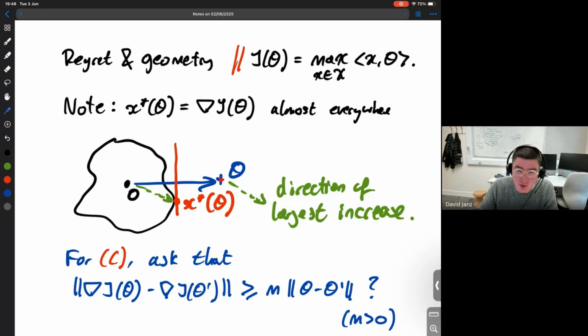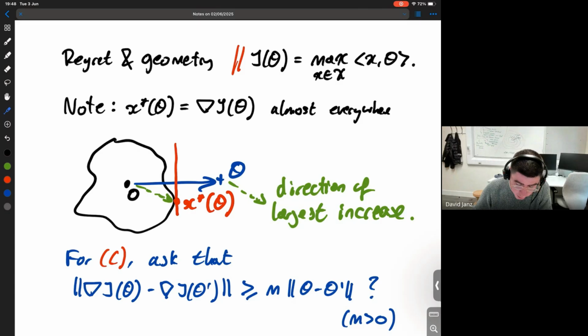What direction would you move theta from here to make J increase the most? Well, you maximize the inner product with this vector. So to maximize the inner product with a given vector, you're going to want to move along that vector. And this essentially gives you that the gradient of J of theta is the same as the optimal action under theta.